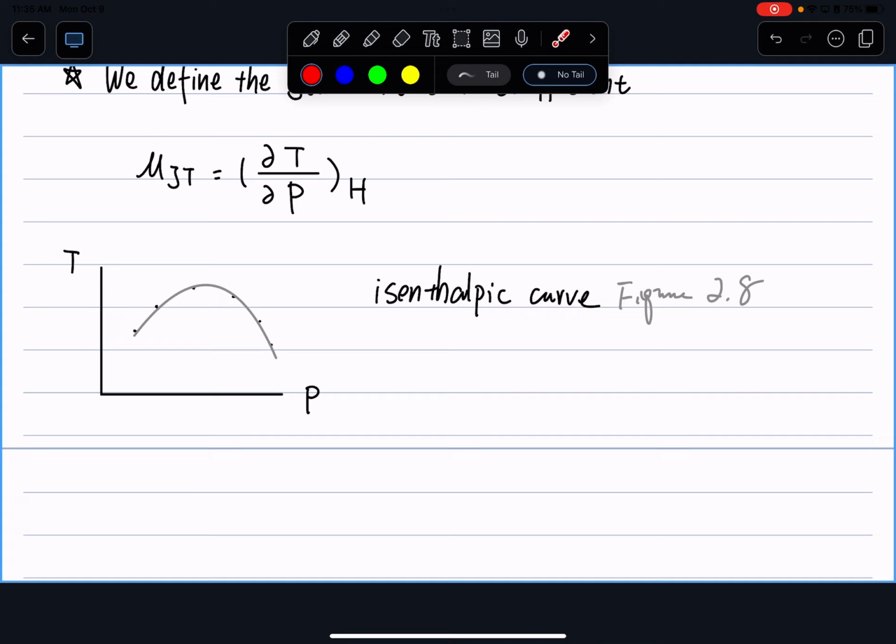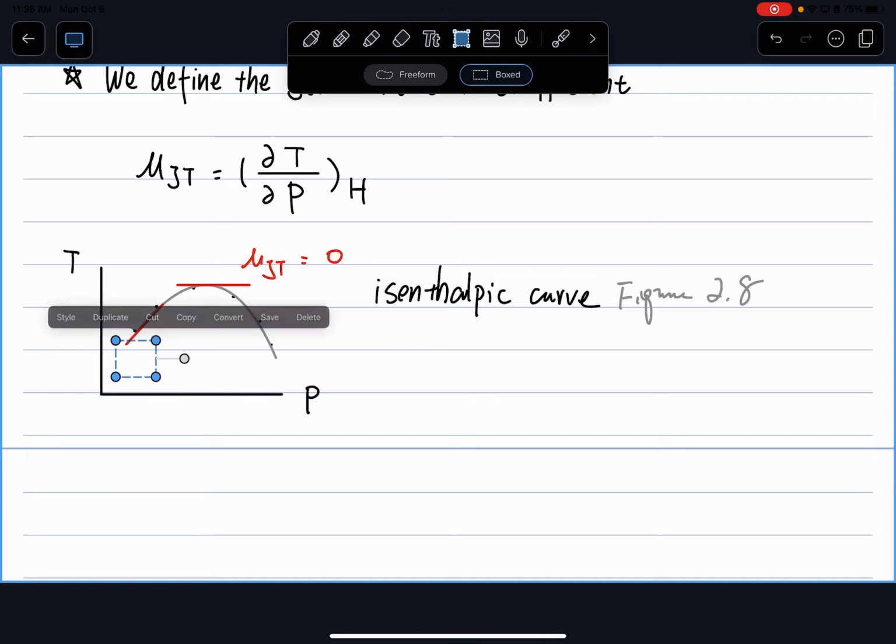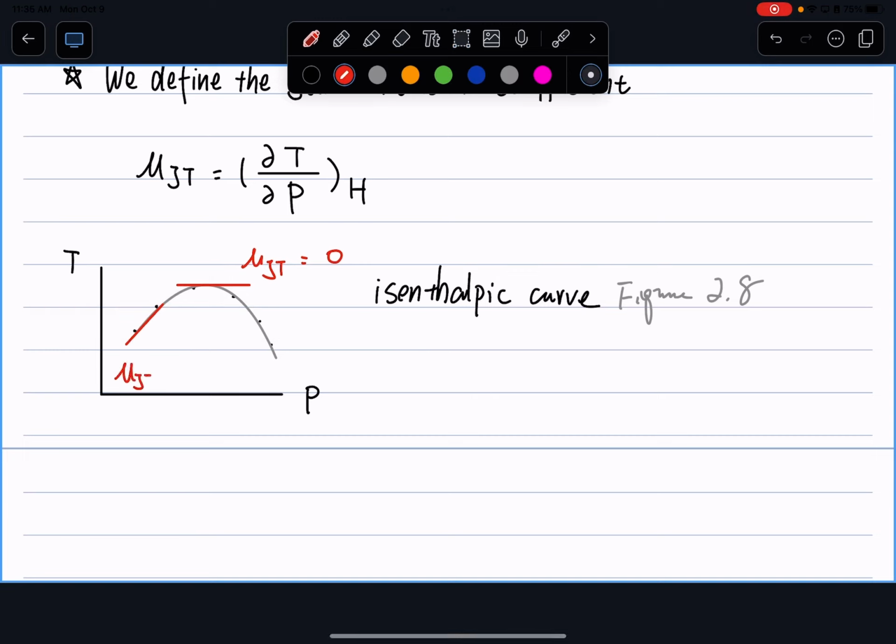For example, at the maximum, you have mu JT equals 0. And if we look at a point before that, mu JT is a positive number.